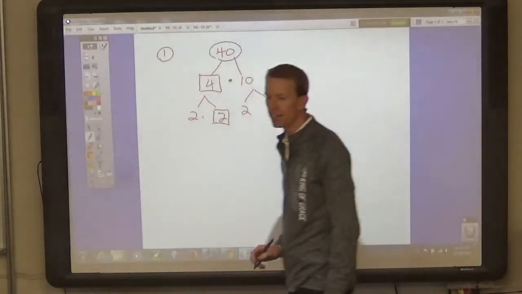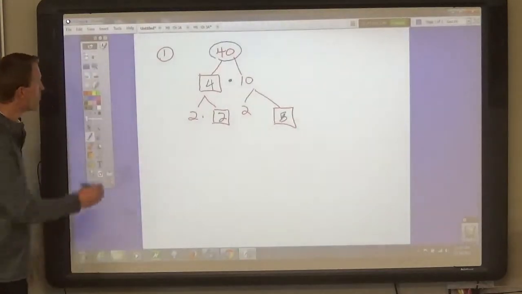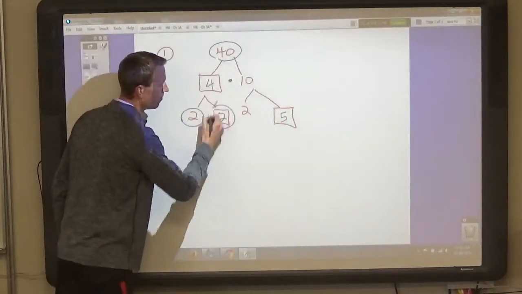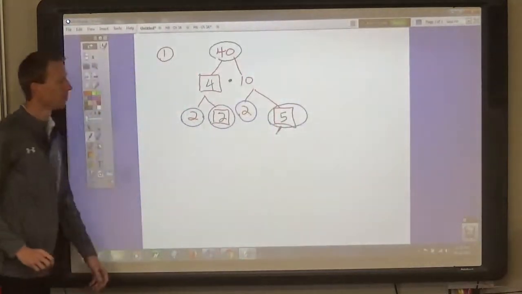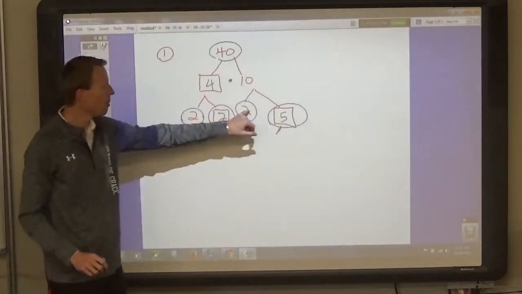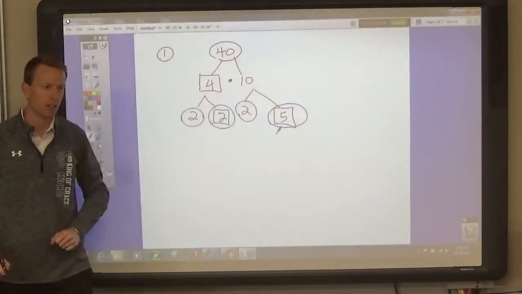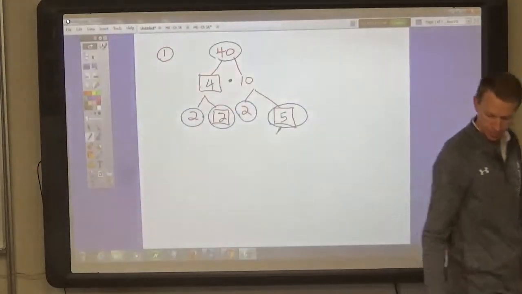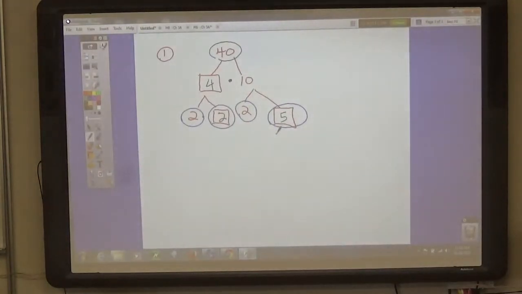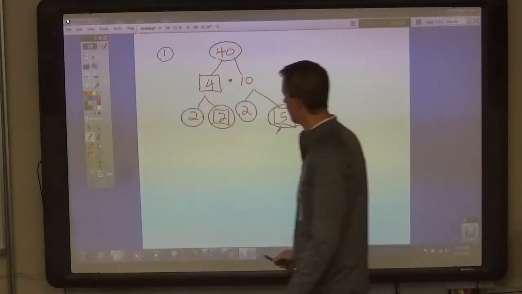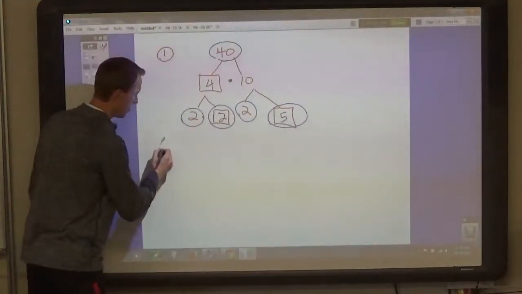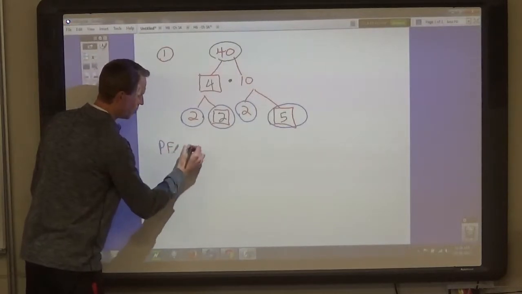What's the formula? Write the formula now. Using only the prime numbers, write the formula. Notice I circled only the prime numbers, not the composite numbers. PF equals what numbers are in our formula? 2.